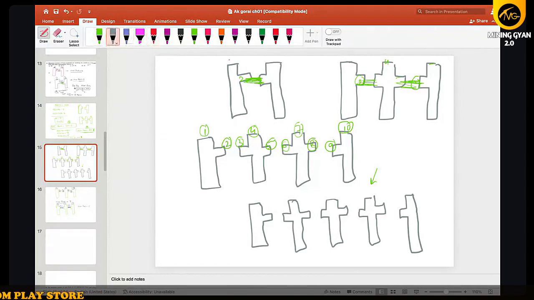And now calculate. So 1, 2 and 3 minimum phase. For this one, 1, 2, 3, 4 and 5.